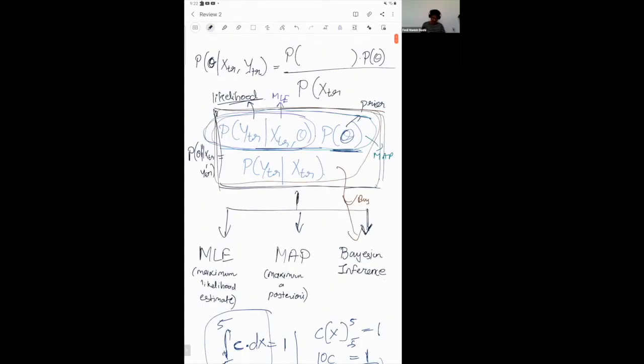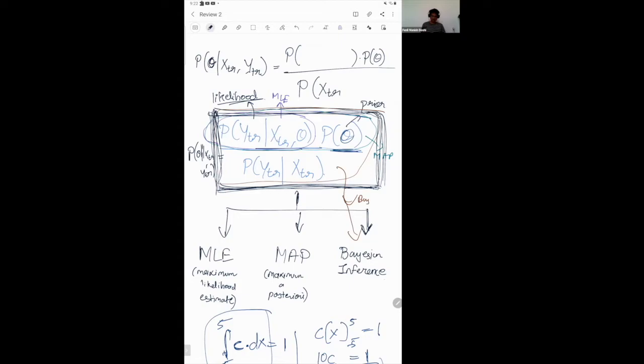And now if I connect to this part, what we are interested in is getting the maximum value of this quantity in the training part, over which theta would provide the maximum value.